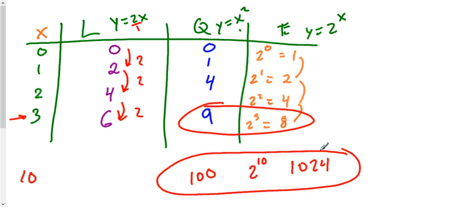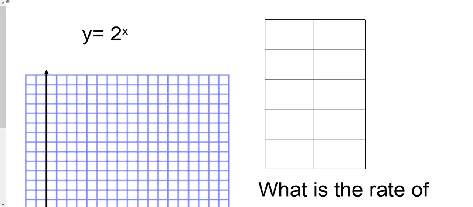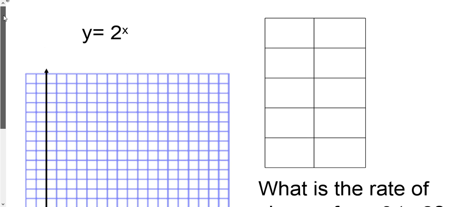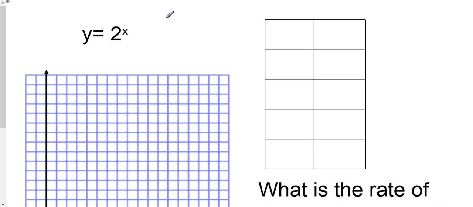So you can just see how fast an exponential function grows. At 3, the quadratic was just barely more than it. You get to 10, 7 values later, and it's a 10 times difference. That's just crazy.